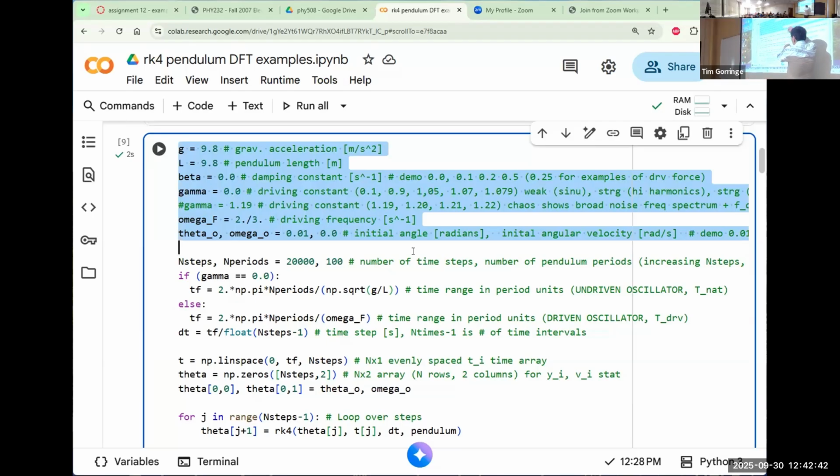When it comes to the plotting, we met this before. I need to define my time space, which means defining the duration over which I'm going to follow the pendulum motion and the fineness or the coarseness of the time ticks for following the pendulum motion.